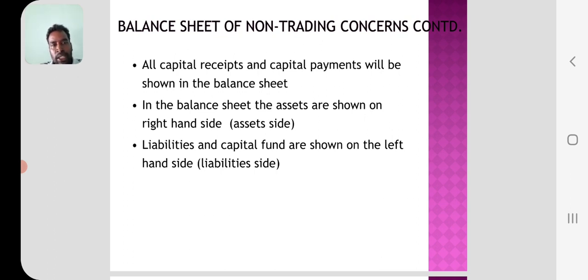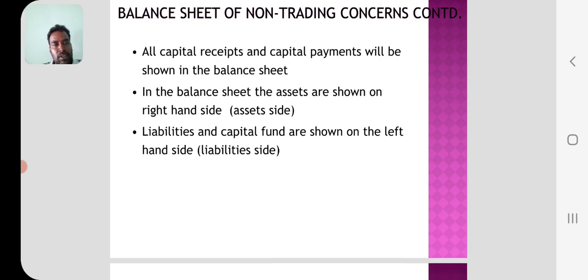Only capital items should be recorded in the balance sheet, as well as assets.